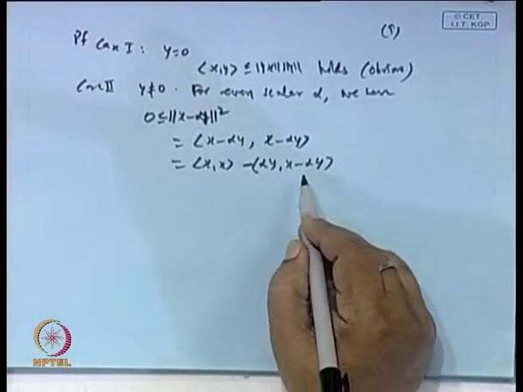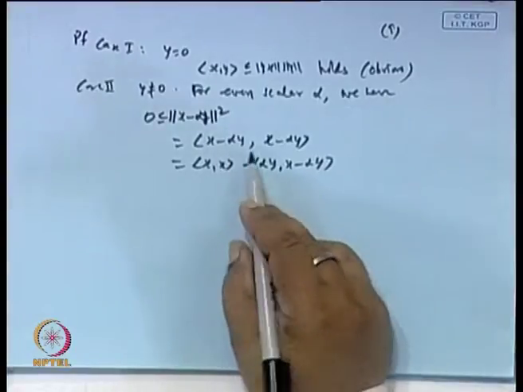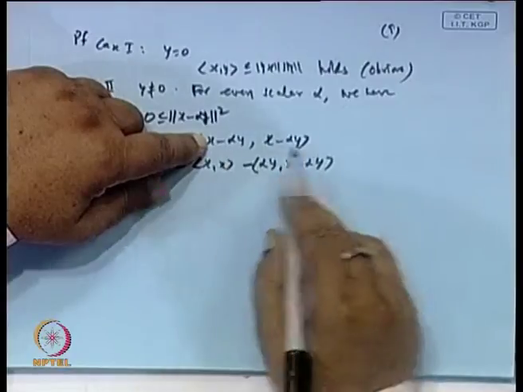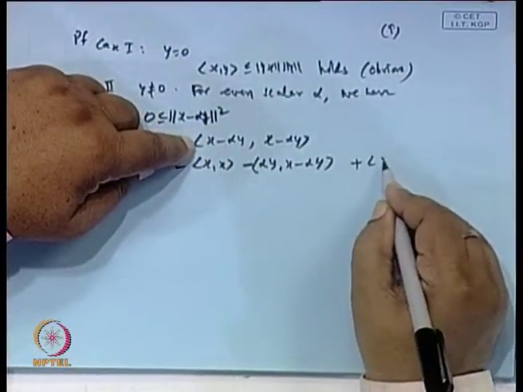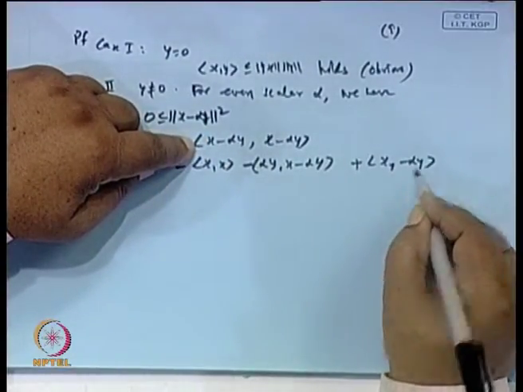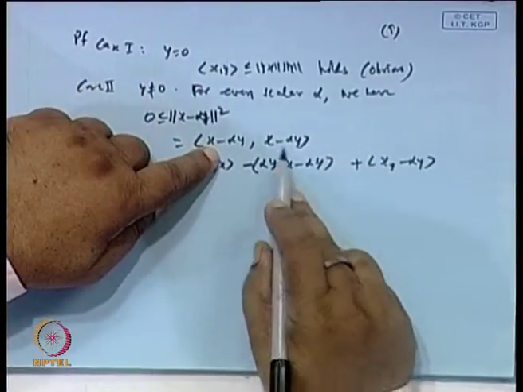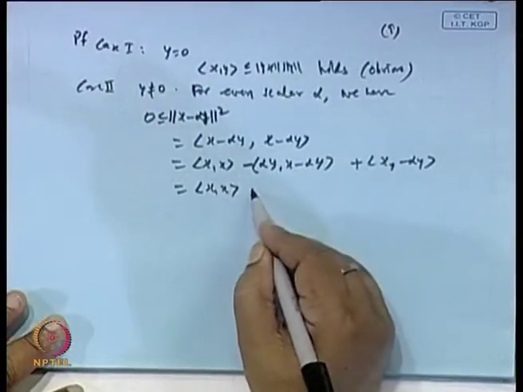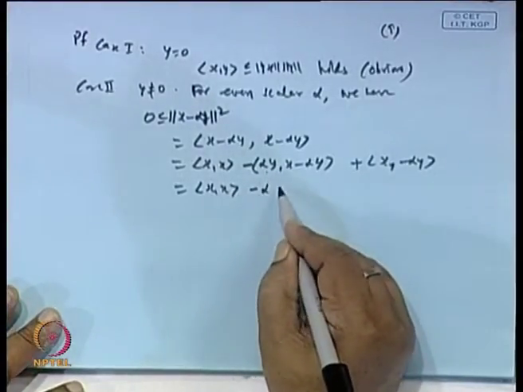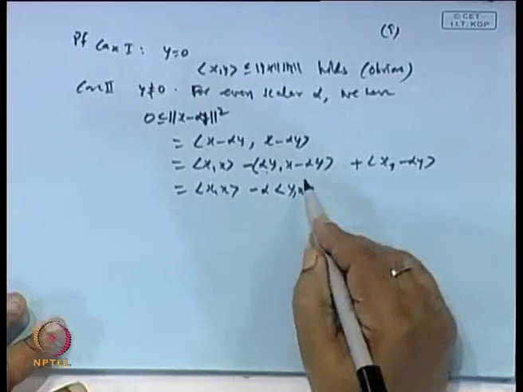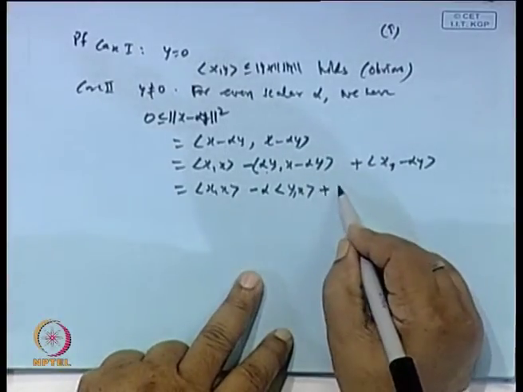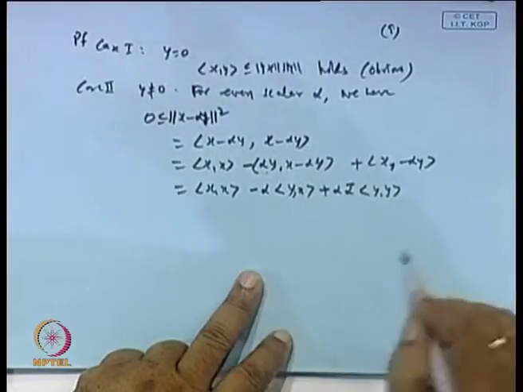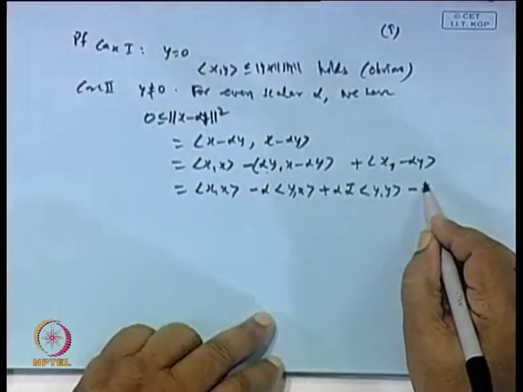minus alpha ⟨y, x minus alpha y⟩. First is x with x minus alpha y, and then minus alpha y with this also. Again ⟨x, x⟩; here this alpha can be taken outside, we get ⟨x, y⟩ with conjugate, and here when alpha is taken outside, we get alpha.